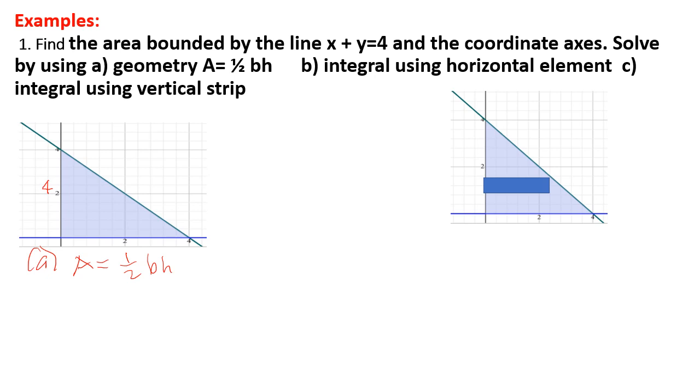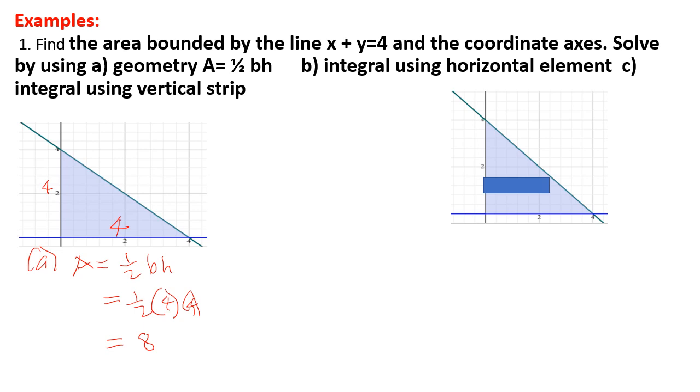So this one is 4. Base is 4, h is 4. So area equals 1/2 times 4 times 4, or equals 16 over 2, or 8. So this is using the area equals 1/2 bh.